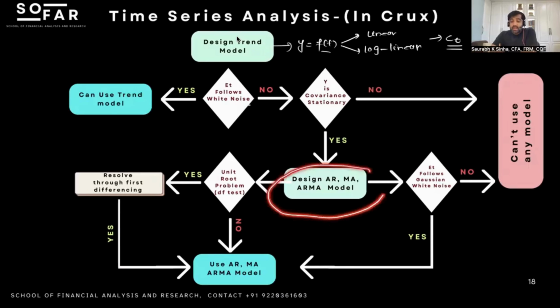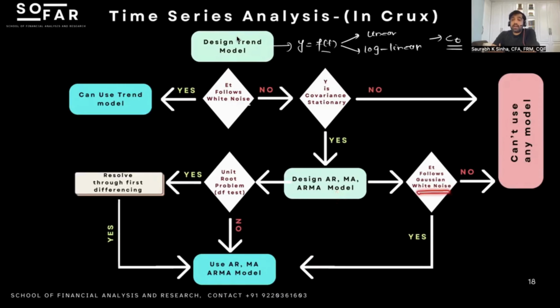So you can fall back to another model because now you cannot use the trend model, because the error term does not follow white noise. You go for another model. But when you're designing another model, the error term of that model has to be what we borrowed from regression: white noise.